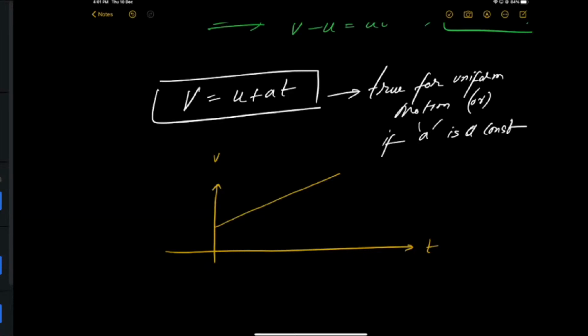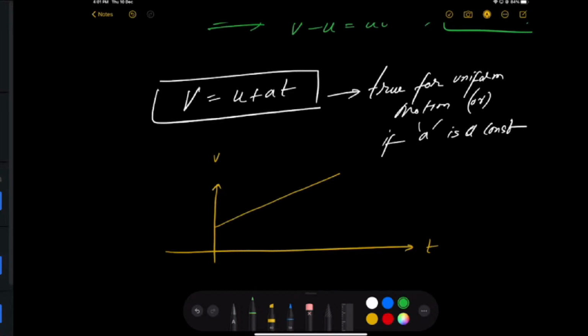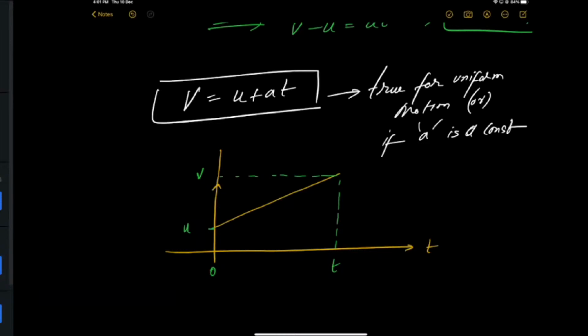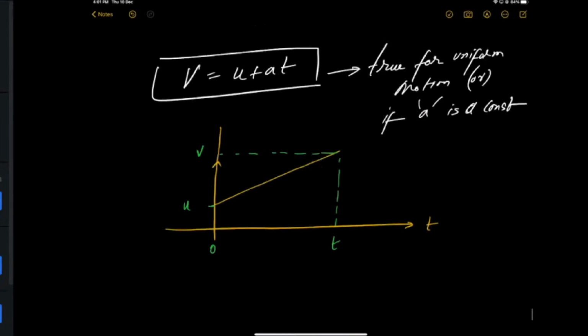Suppose this is your initial time 0 and this is your final time t. So this value is u and this value is v.